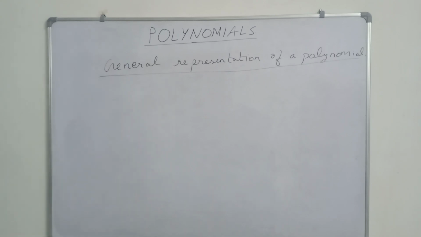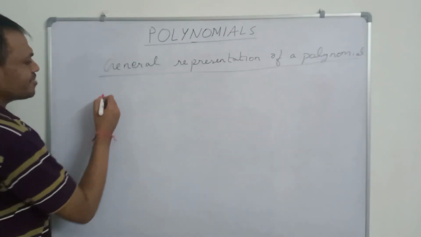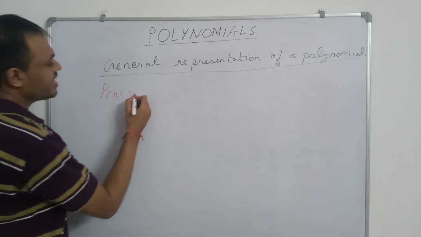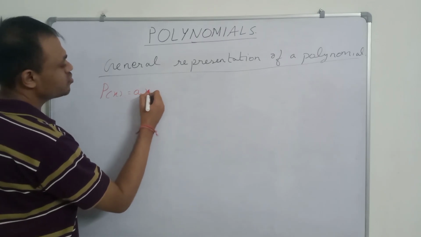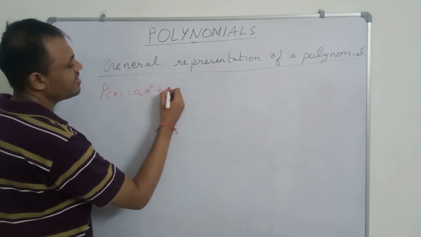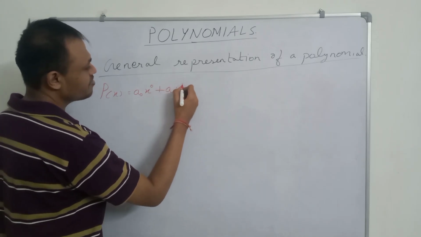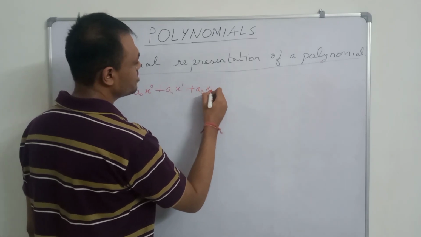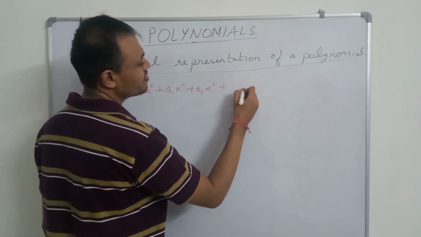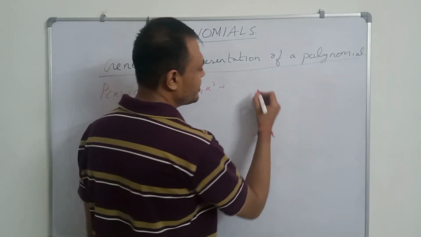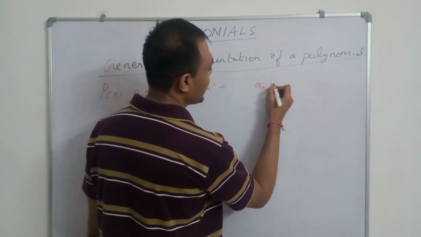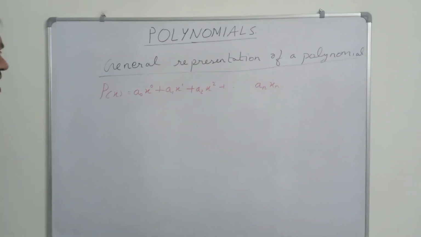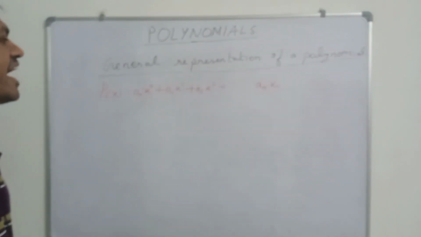Now we come to general representation of a polynomial. Let's say we have a polynomial in x. It is generally represented as a0 x to the power of 0 plus a1 x to the power of 1 plus a2 x to the power of 2 and so on, up to an x to the power n, where n can be infinity as well. Here a0, a1, a2 are constants.